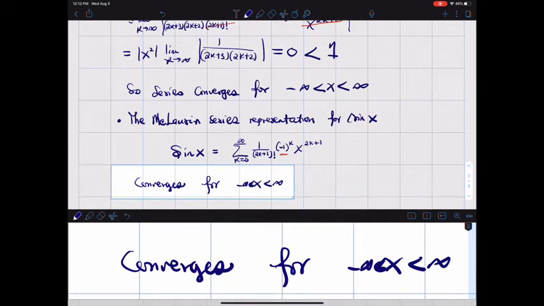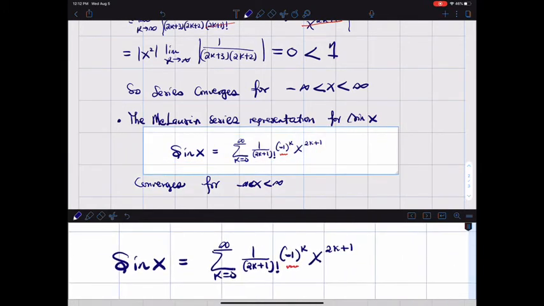Already you're going to have a lot of questions. This is saying that we can write sin x as this, which is good.